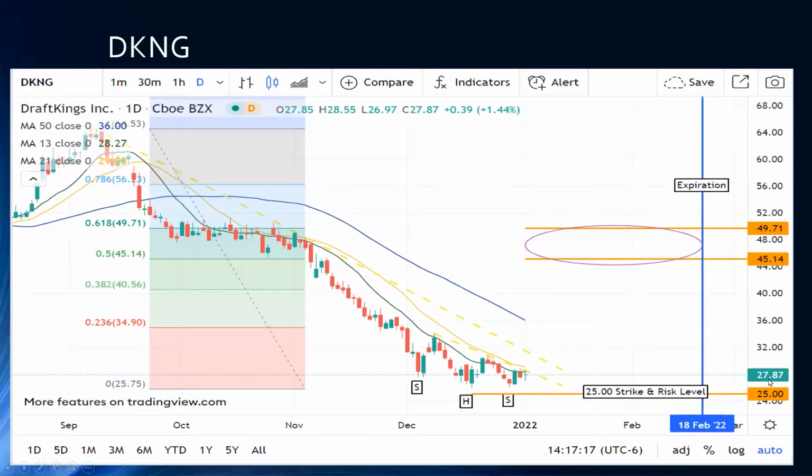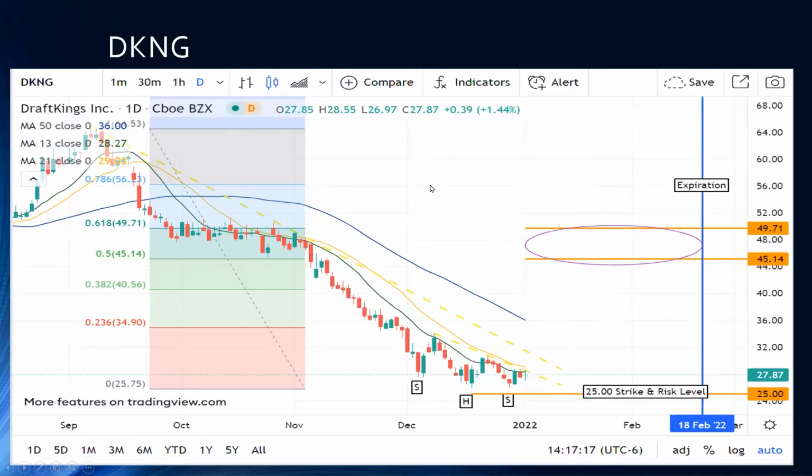You're looking at it from 27.87 up to 45.14, upwards of $49. That's upwards of a $20 move for a stock. It's not quite doubling, but that's a huge expected upside target. And look at what your risk level is. On a stock basis, as long as you don't have that weekend risk, buying this stock and risking down to $25, you'd only be risking basically $3 to make $20.